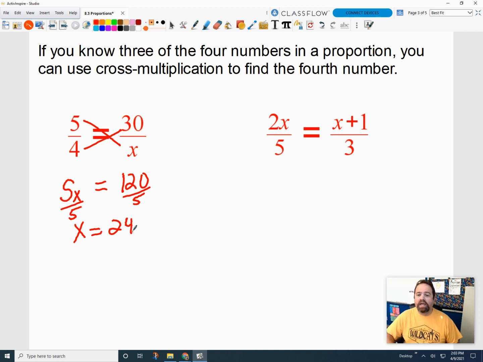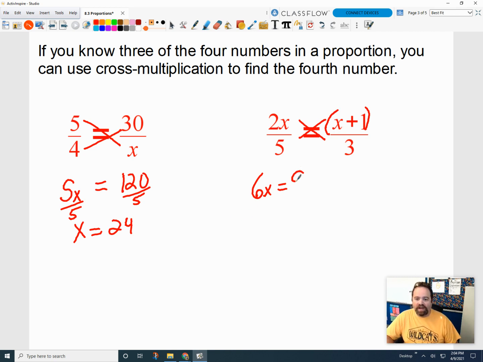You're done. Okay, this one is a little more complex because when you multiply here, you're going to have to distribute your 5. We haven't done that in a while. The other one, though, when I multiply 2x and 3, that one's pretty straightforward. So multiply your two halves. So 2x times 3 is 6x. And then when I multiply here, because it's x plus 1, it's 2 terms, I have to distribute.